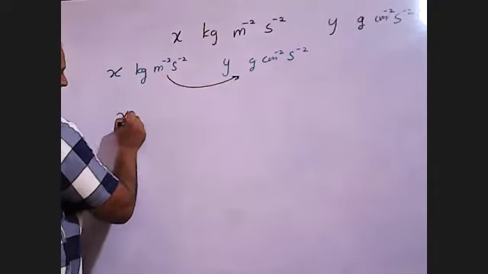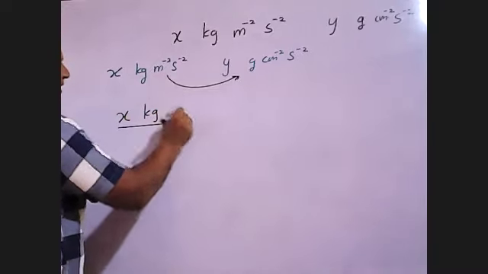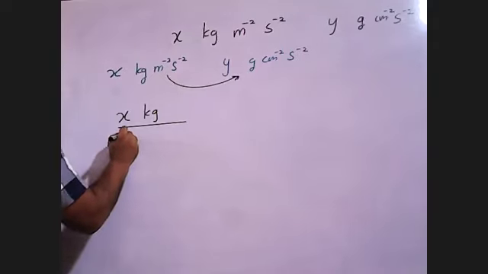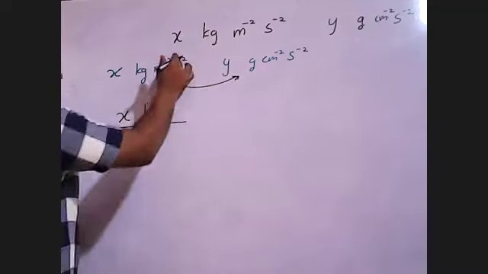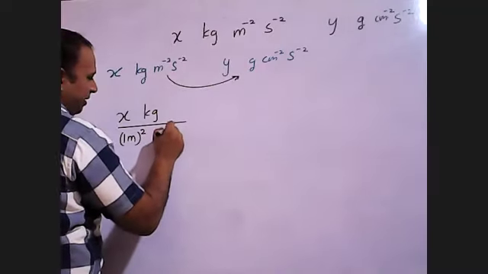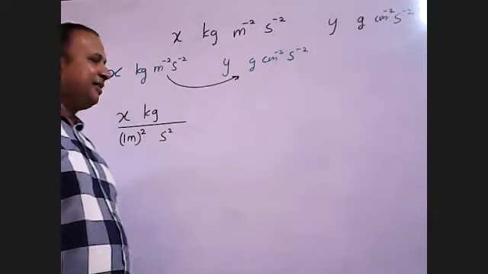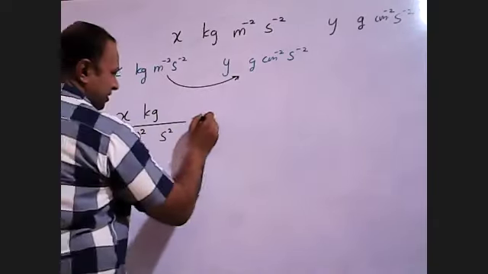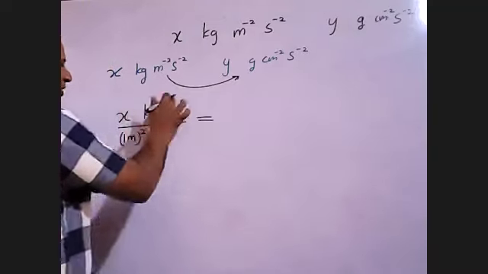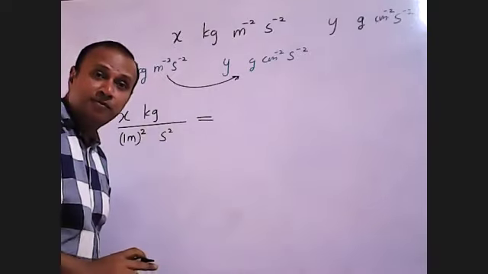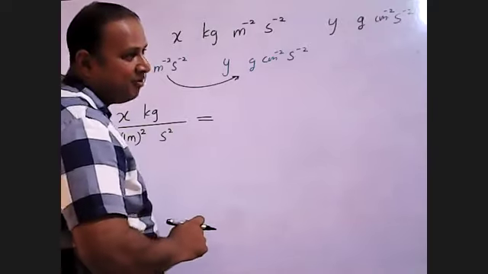So x can be written as x kilogram; under that, I can write 1 meter square. Then second, it is not very important. Now I can convert kilogram into gram. If I convert kilogram into gram, I should multiply it by 10 to the power 3 gram, 1000 gram.